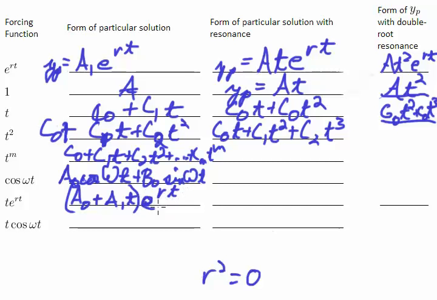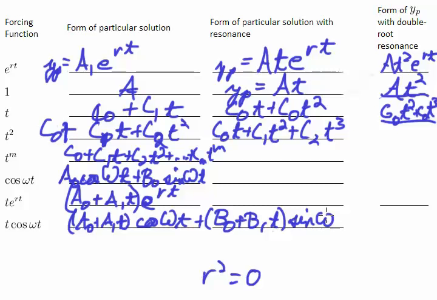So it's kind of a combination of the polynomial up above and the e to the rt up above. T cosine omega t is also similar: the polynomial a sub naught plus a sub 1 t times cosine omega t plus b sub naught plus b sub 1 t sine omega t.